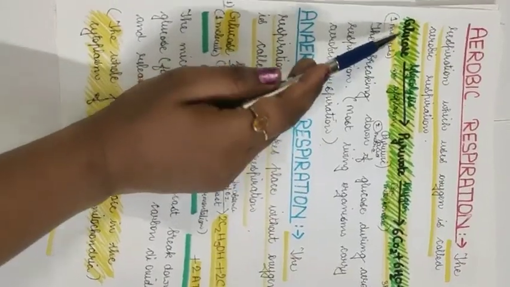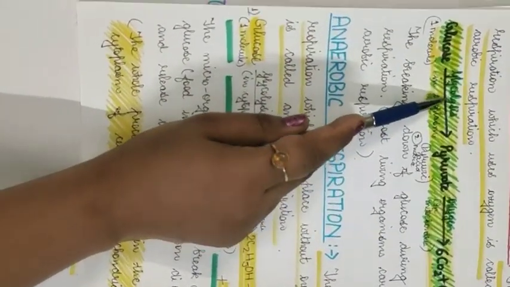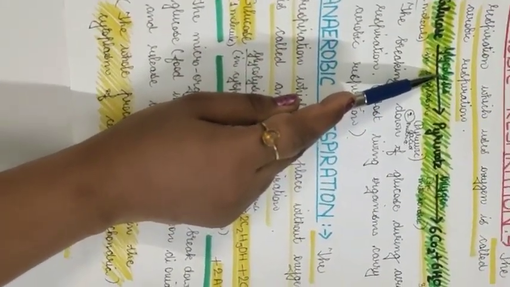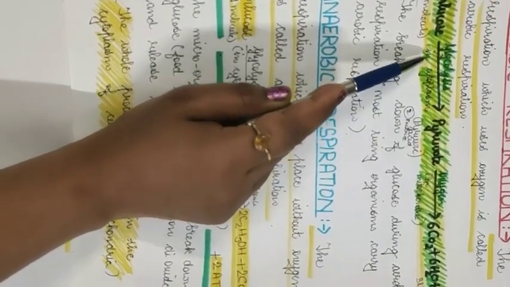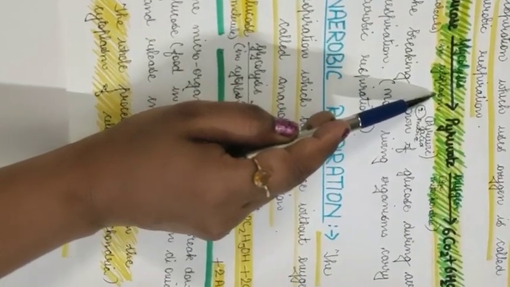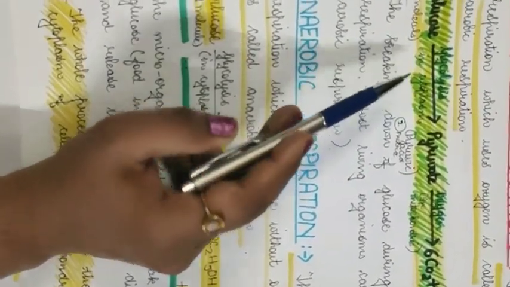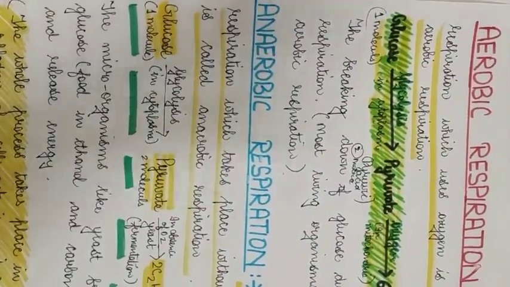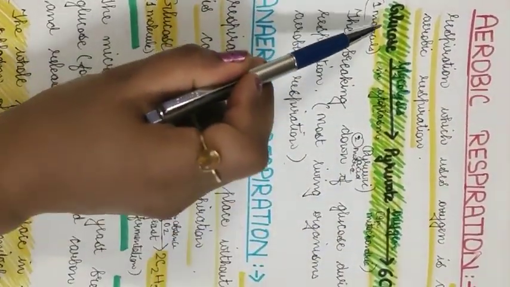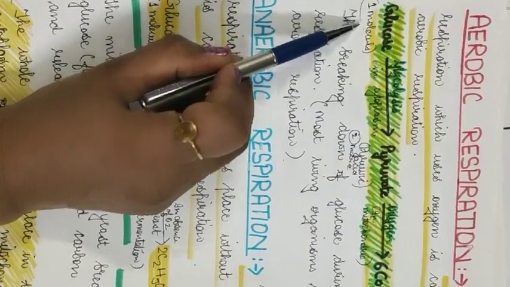Glucose will undergo glycolysis. Glycolysis will be performed in the cytoplasm. Then glucose will be only one molecule.